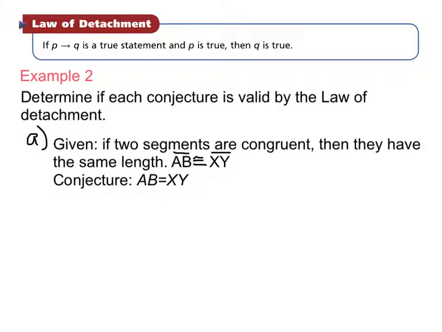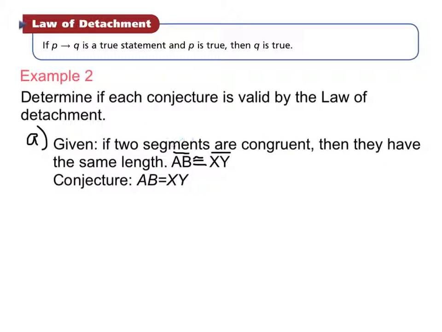Now, let's look at the hypothesis and conclusion. Here's what we have to do. If the entire statement is true, then we can go on. So, if two segments are congruent, then they have the same length. Is that true? Yes, that is true. Segment AB is congruent to segment XY. That matches the hypothesis.